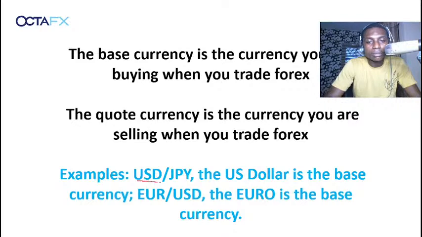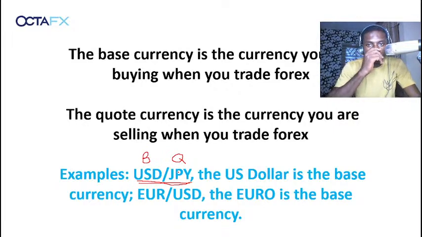Now, you look at this. This is the base currency. The USD is the base currency. The Japanese yen is the quote currency. The base currency, which is the US dollar, is what you are buying in exchange for the yen, which makes it the basis of the transaction. The quote currency is the currency you are selling when trading.